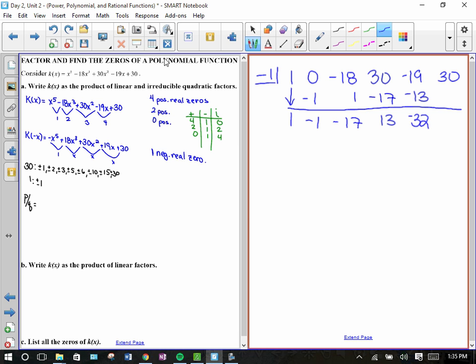Is there a mistake? Where? Negative 17 times negative 1 is positive 17, so that would be 47. That changes the whole game.